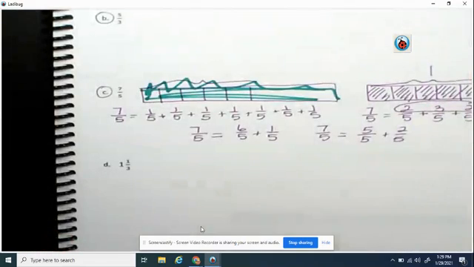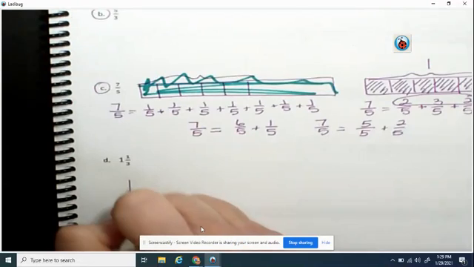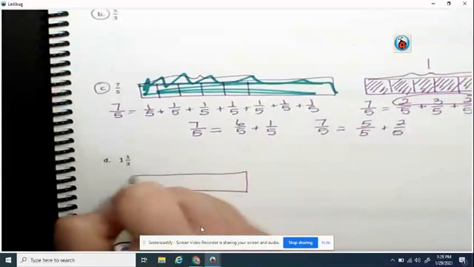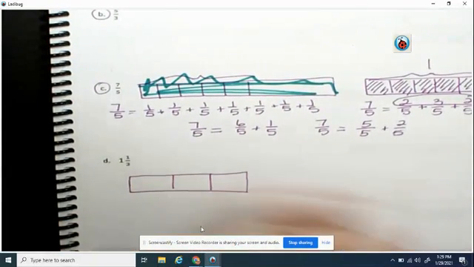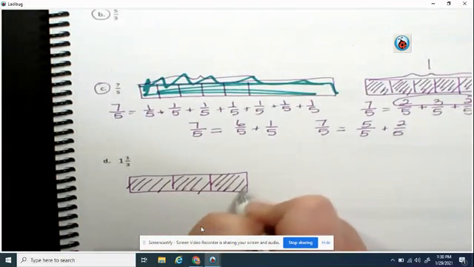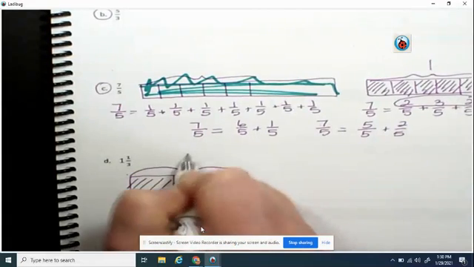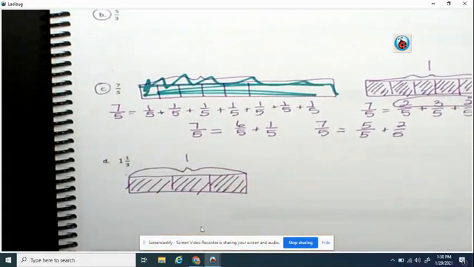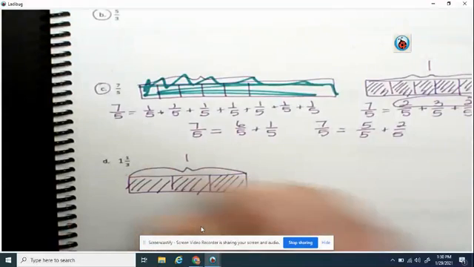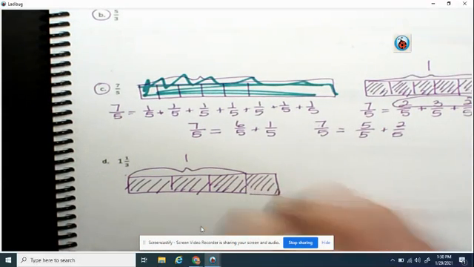All right, let's do 1 and 1/3. So this one, we know my denominator is thirds. So my 1 whole is going to be cut into thirds. There we go. Finally got my bracket drawn right. Took some concentration. I've got 1 whole plus 1 more third. So there's my next third.